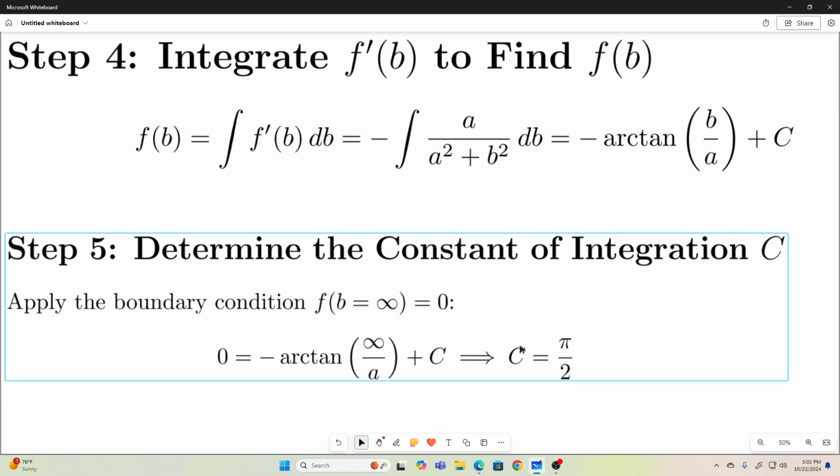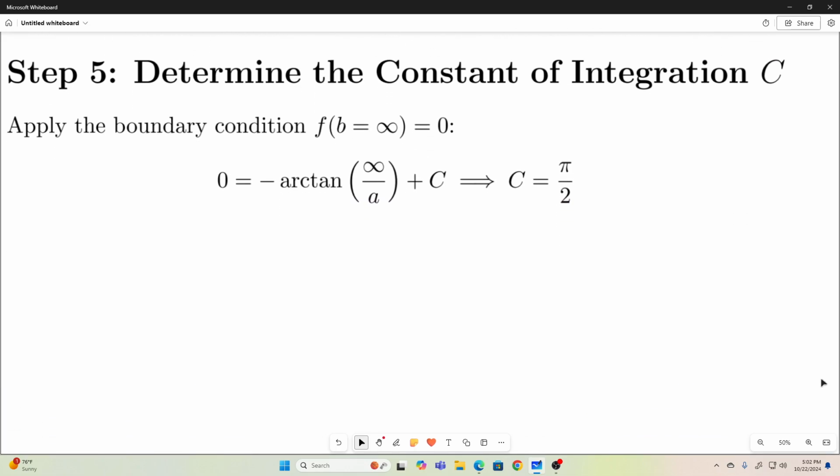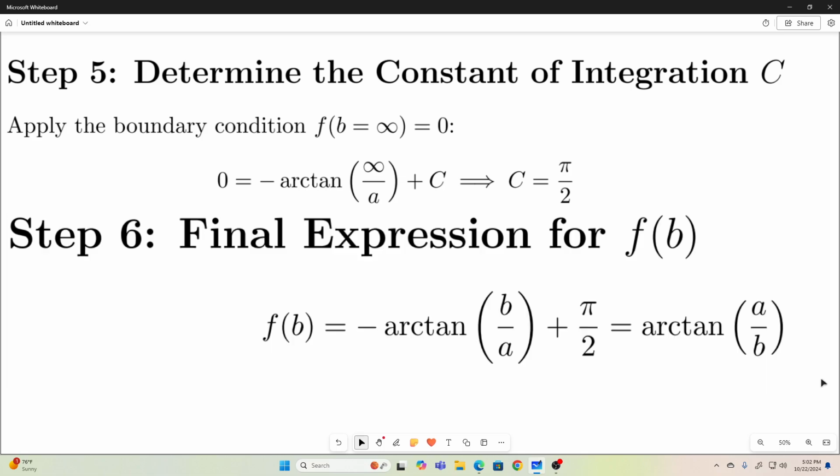So we have c is equal to pi over 2. All right, so let's substitute that back in. And we get f of b is equal to negative arctangent b over a plus pi over 2. And using inverse trig identities, that is the same thing as saying arctangent of a over b.